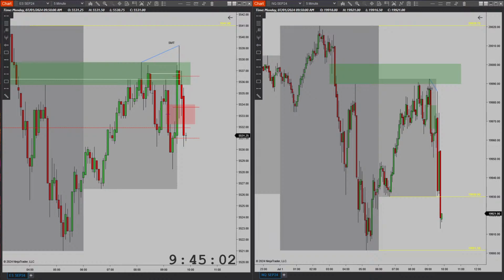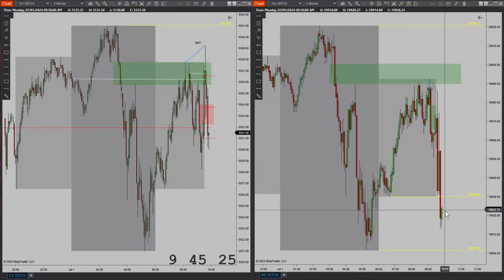Perfect. All right, so we did close below this gap over here. So I do want price to just keep drawing lower, as long as NQ keeps doing that as well.